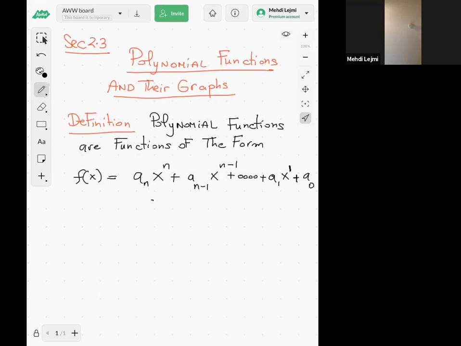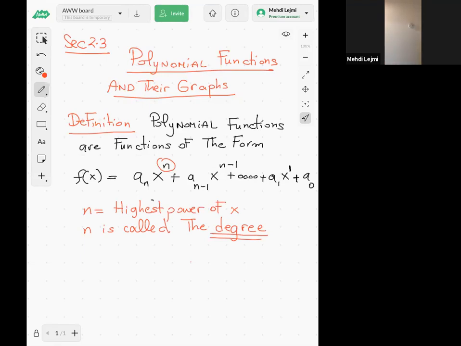This highest power of x, this n here, is called the degree. So this n here is the highest power of x, and the n is called the degree of f of x, of the polynomial. That's the degree. What I mean by a degree is the highest power of x.